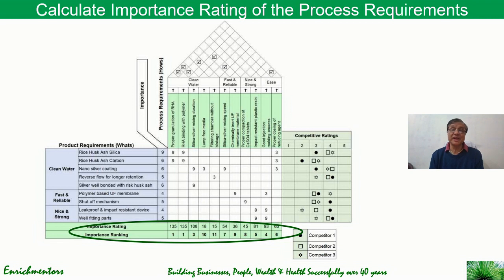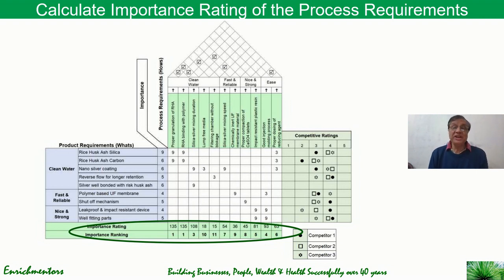Then you go to the next process requirement and repeat the same process for each one. At the end of this, at the bottom, you will have the importance ratings. The higher the score, the higher the rank, number one and then next, and so on. So you get an idea of how we calculate the importance rating.